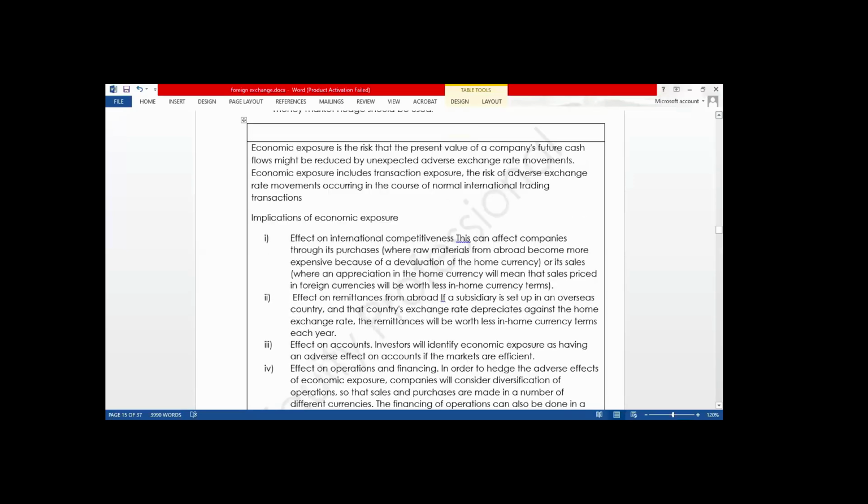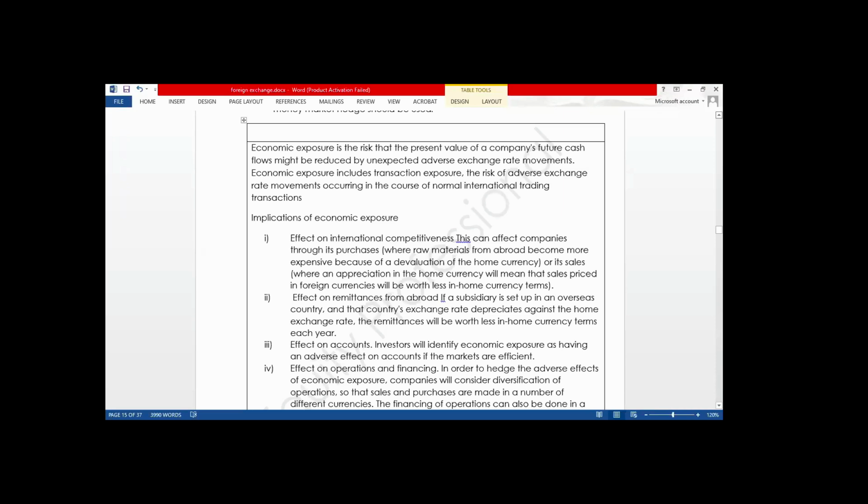Economic exposure is the risk that the present value of a company's future cash flow might be reduced by unexpected adverse exchange rate movements. Economic exposure includes transaction exposure, the risk of adverse exchange rate movements occurring in the course of normal international trading transactions.